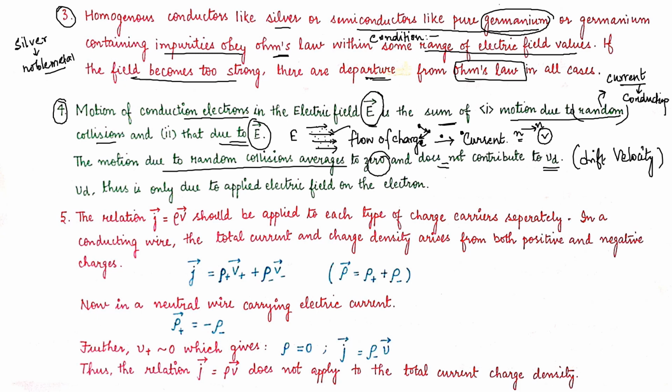That is the accumulation of current in that electrical circuit, and some amount is contributed by the random motion, but the random motion does not produce current of any significance. Thus the current is only due to the applied electric field on the electron.